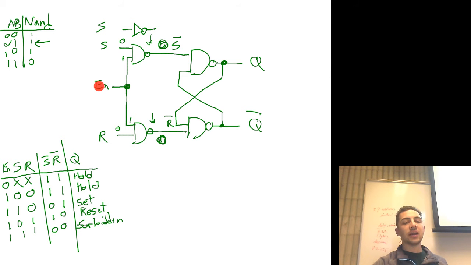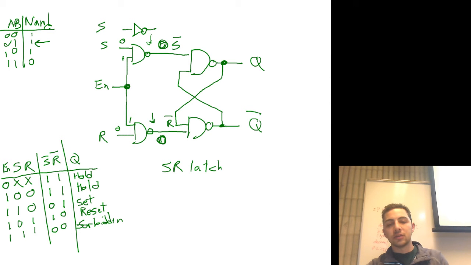We can disable it until we're sure that S and R are opposites, but not really beyond that. It doesn't prevent us from actually sending bad data in. So the next iteration of this, because this is an SR latch with control, or with enable.